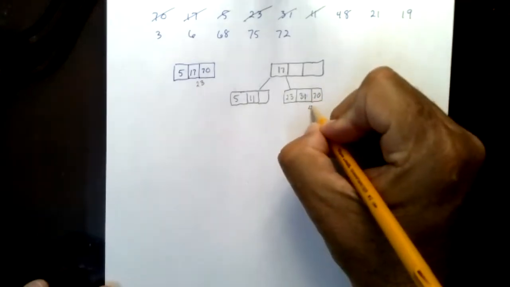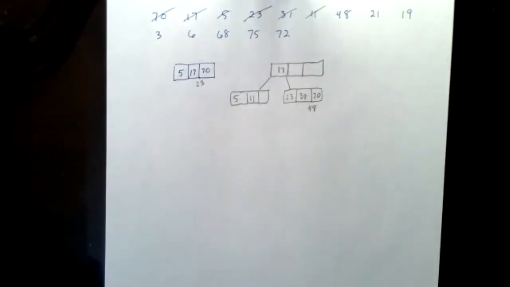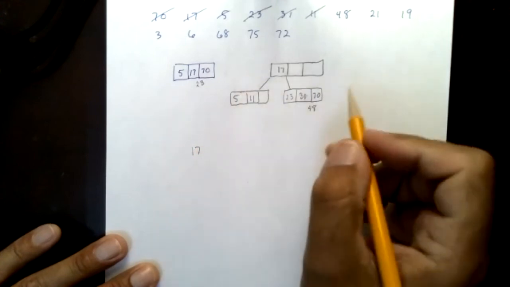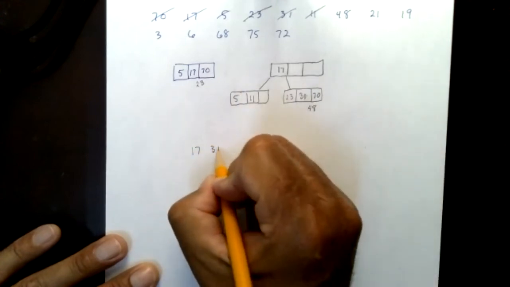48 would love to go right there, but it can't. So it's going to blow it up. It's going to send the middle term up. So my up is now going to be 17 and 31.